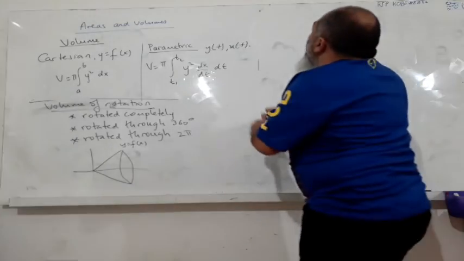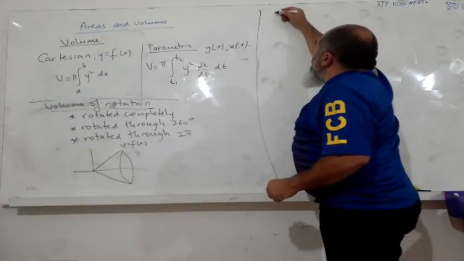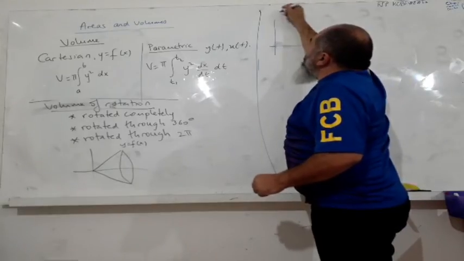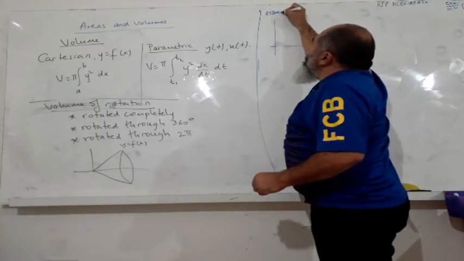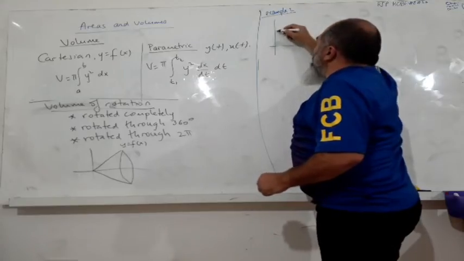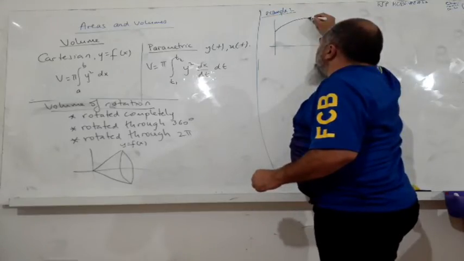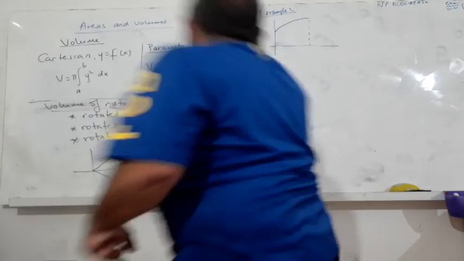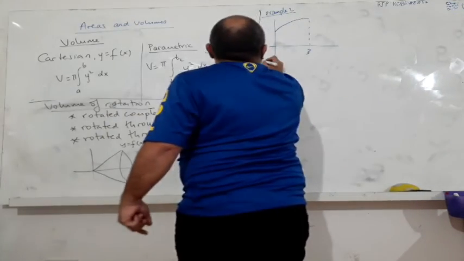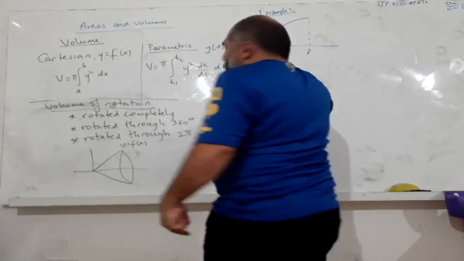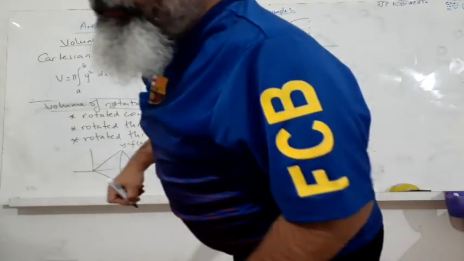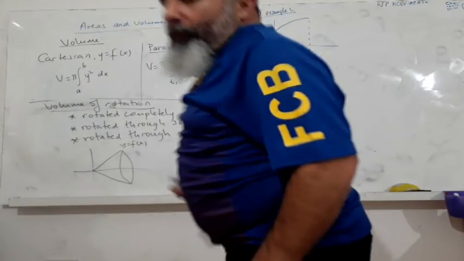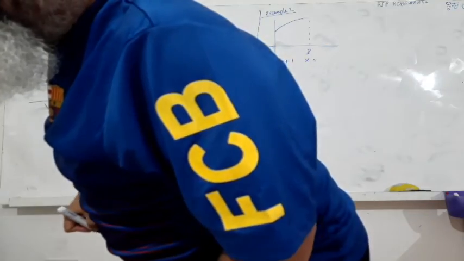Example 2. y is equal to 2t plus 1, x is equal to 3t squared.